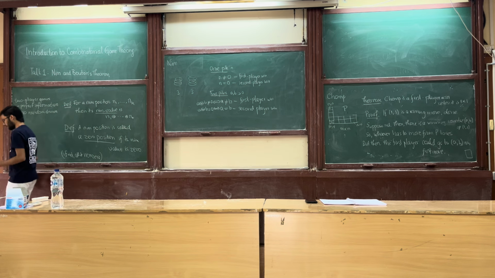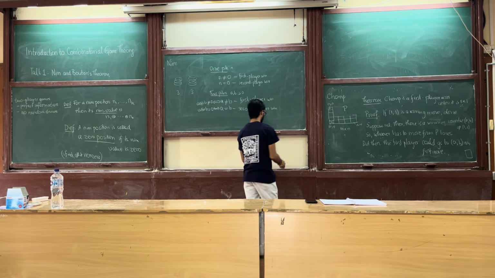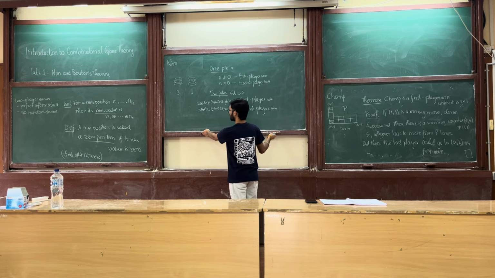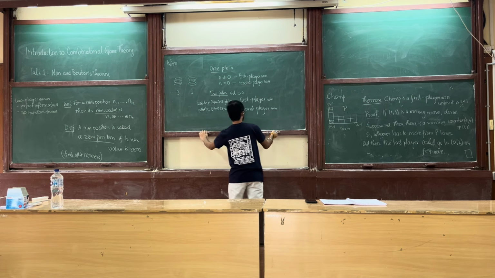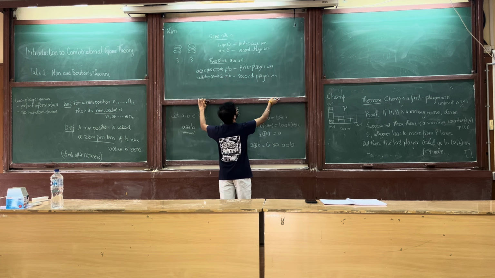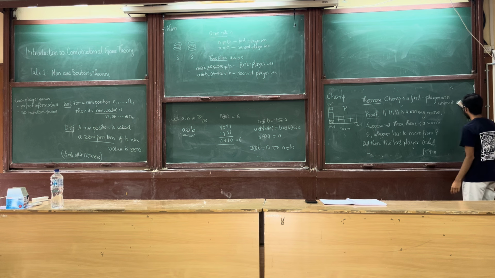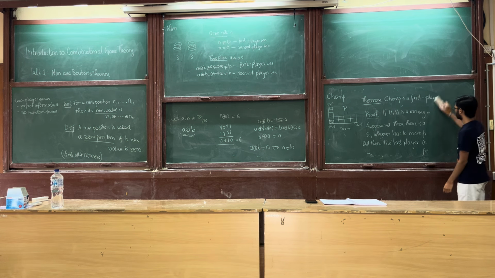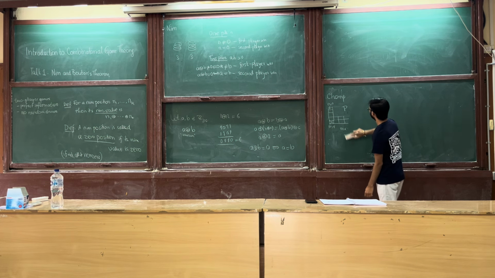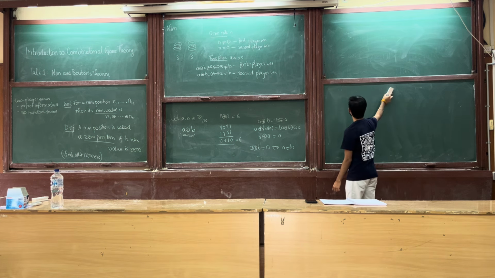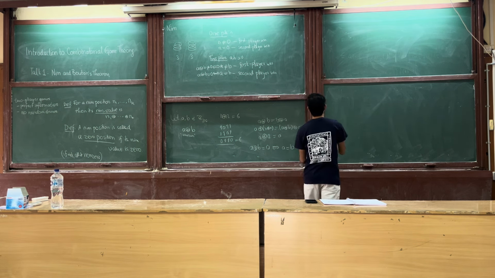Any zero position is a second player win, and any non-zero position is a first player win. And to see that, we need Bouton's theorem. So let me start right away with Bouton's theorem.